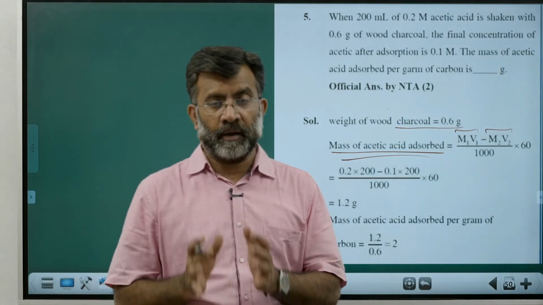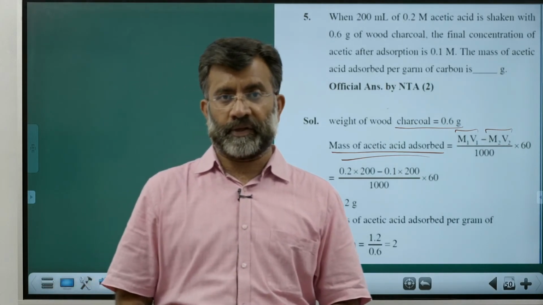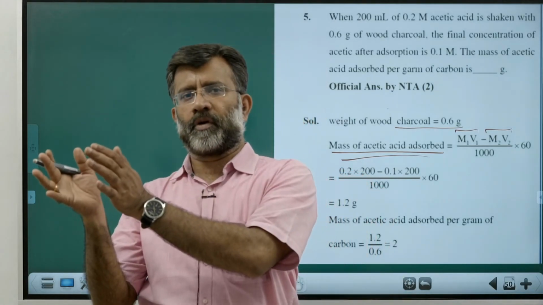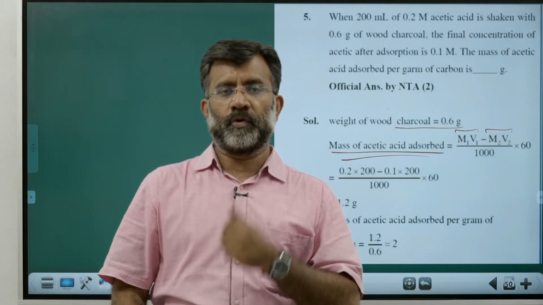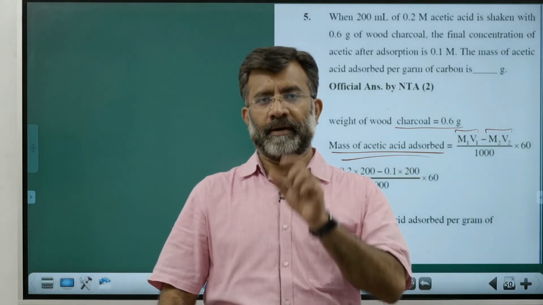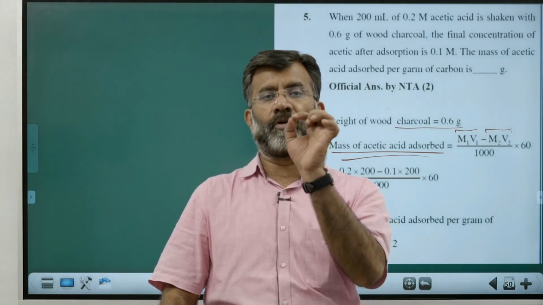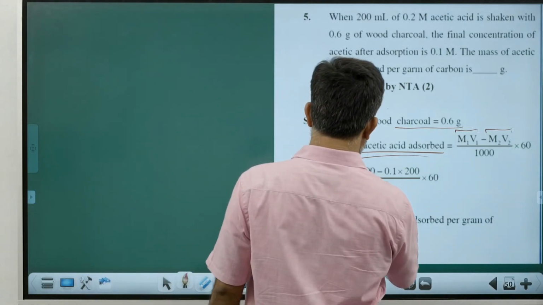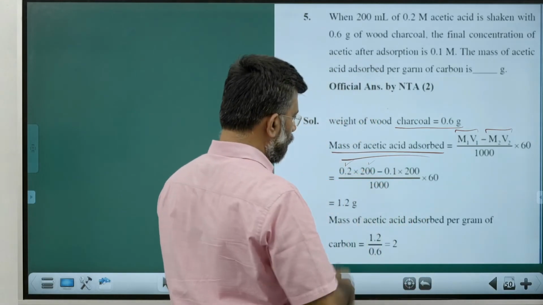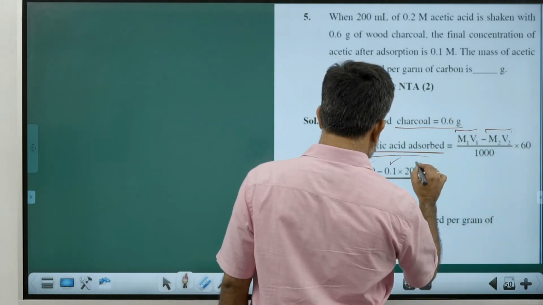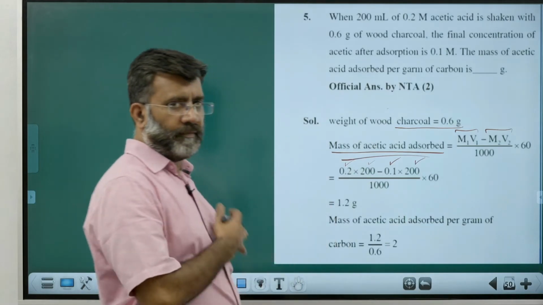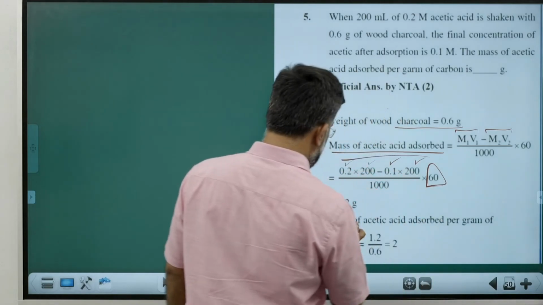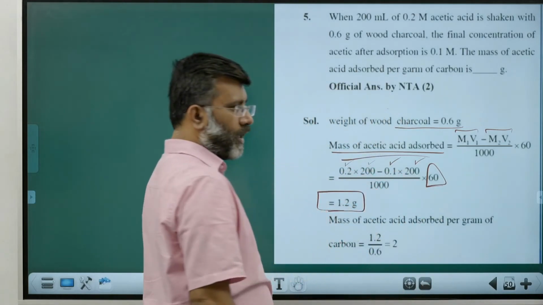That will be the number of moles of acetic acid adsorbed. M1V1 is the number of moles initially, M2V2 finally, so we get the difference. How much is taken? 0.2 molar, 200 ml. What is finally available? 0.1 molar, 200 ml. That difference into the molar mass of acetic acid gives the mass of acetic acid adsorbed.